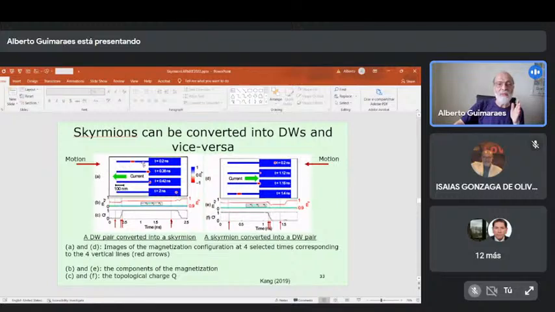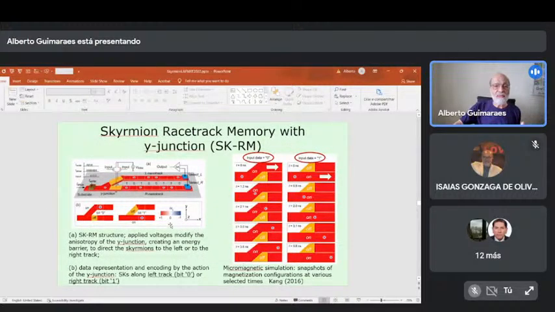So it moves in this part as two domain walls, and it becomes a skyrmion here. The same motion is reversed by reversing the sign of the current: it starts as a skyrmion and becomes two domain walls. This is very convenient because a spintronic application may use the advantages of domain walls in one part of a circuit and the advantages given by the skyrmions in another part of the circuit.